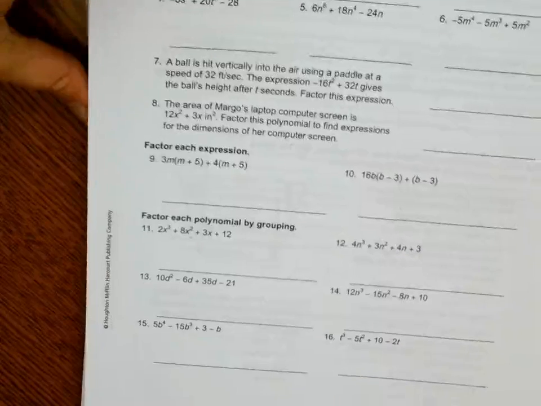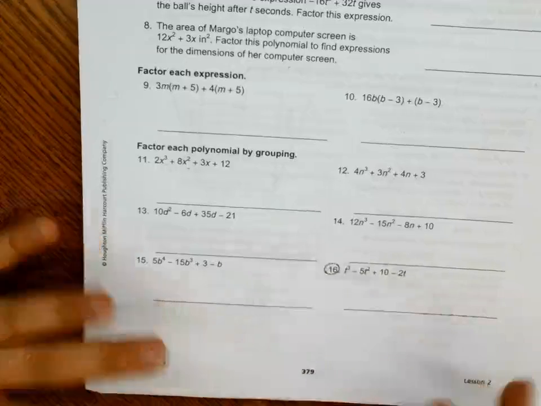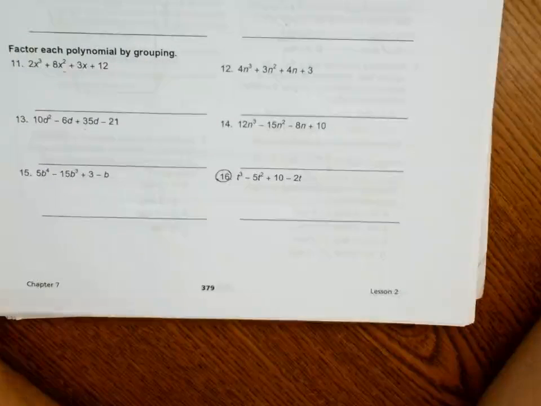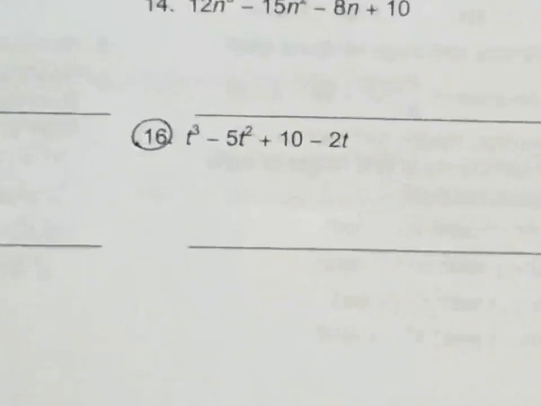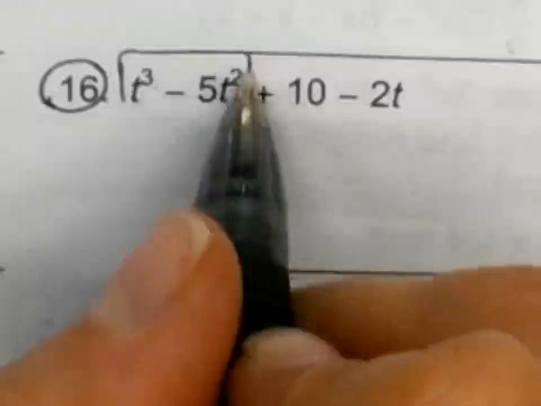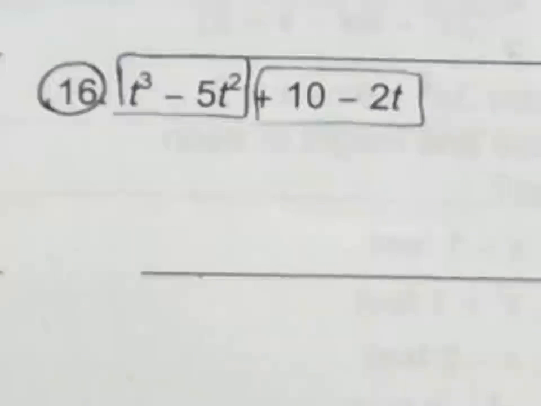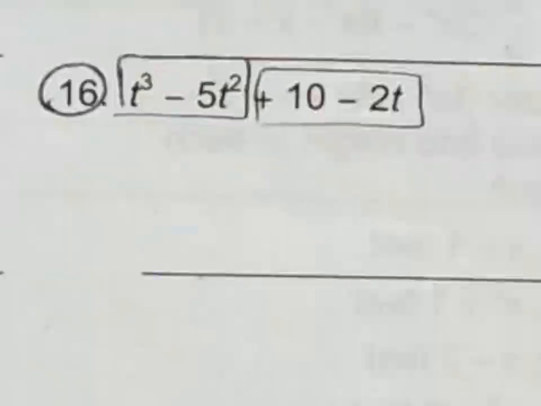So, I want you guys to try number 16. So on 16, we're going to group the first two. We're going to group the second two. Out of the first two, what can I pull out? What's the highest thing I can pull out of the first two?